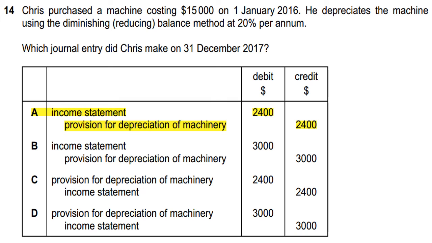The current year's amount will be transferred to the income statement, and the whole amount is transferred to the statement of financial position, where it is deducted from the non-current asset. We will see its working in the next page.